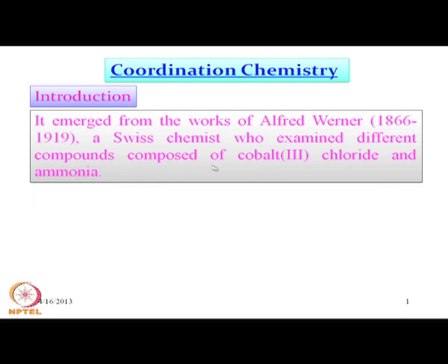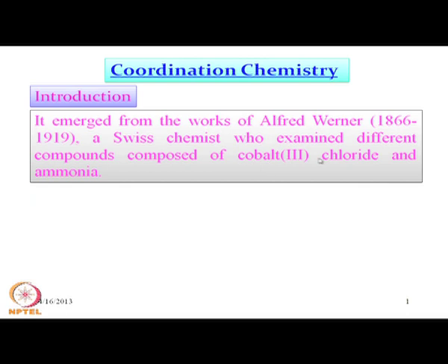He first studied the interaction of cobalt 3 chloride, that means cobalt in +3 oxidation state. That means the metallic cobalt has lost its 3 electrons to give the trivalent state, and the inorganic metallic salt is isolated as its chloride.